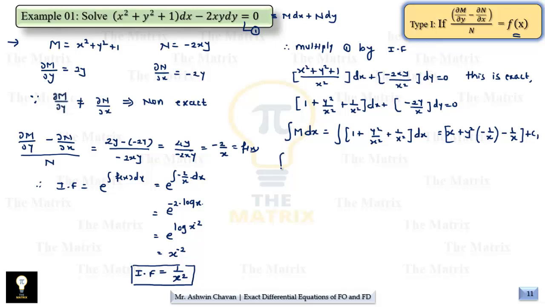And we know that the second part is nothing but the terms in N free from x, with respect to y.